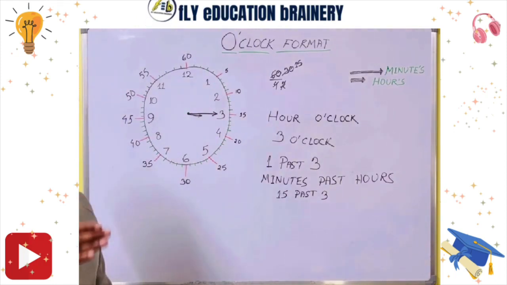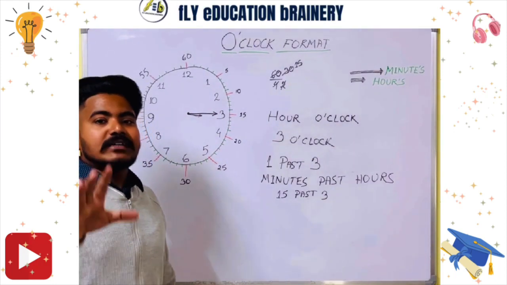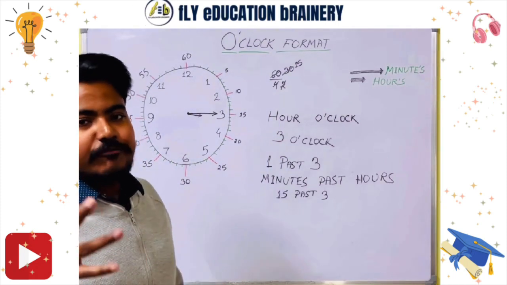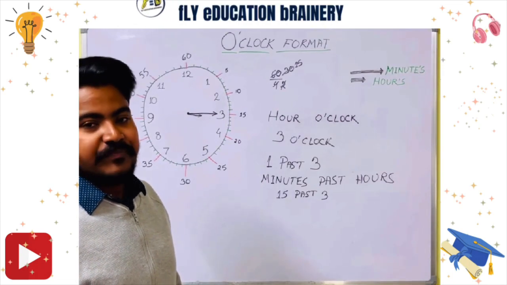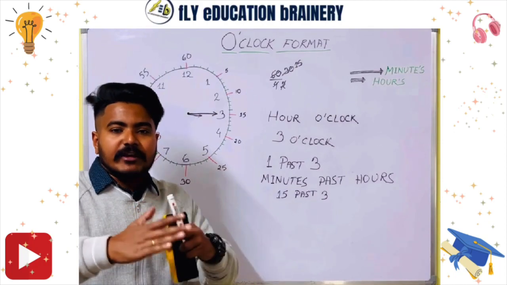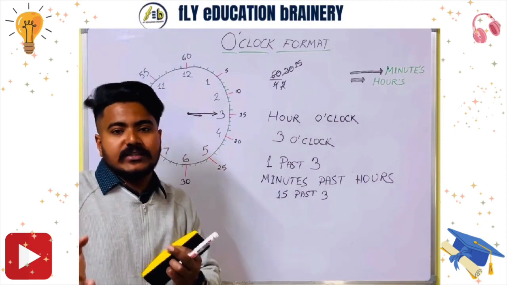That is, 60 divided by 4 is 15. So 1/4 part of 60 minutes is 15. And 1/4 part of anything is known as quarter. One full thing, if we slice it, that will become half. And half of the half is known as quarter.